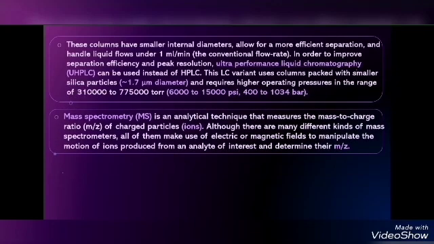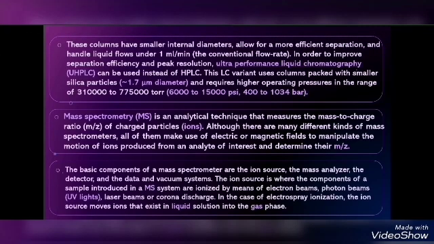Mass spectrometry is an analytical technique that measures the mass-to-charge ratio, m over z, of charged particles, or ions. Although there are many different kinds of mass spectrometers, all of them make use of electric or magnetic fields to manipulate the motion of ions produced from an analyte of interest and determine their m over z.